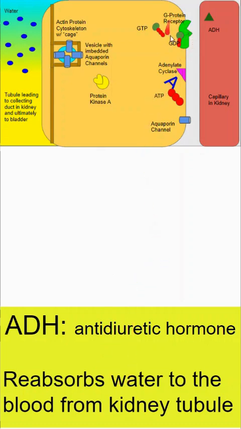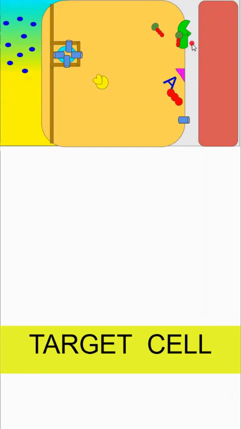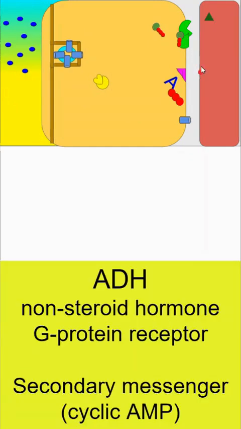But again, we have G protein receptors here. We've got adenylate cyclase. We're going to end up with cyclic AMP, and we've got aquaporin channels. But again, we have these kinases and all of that kind of stuff. So as we go here, we have our target cell, the ADH. It's a non-steroid hormone, again, because the receptor is on the cell membrane and not interior, and it's not going to the nucleus.